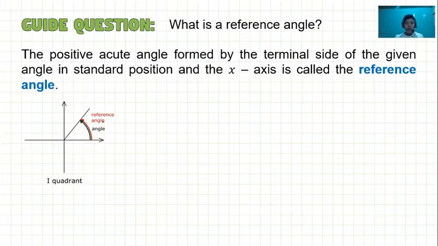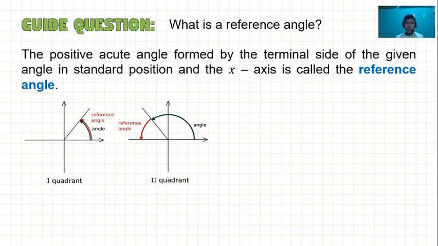Okay, now for quadrant 2, if your angle is located at quadrant 2, so we have this angle. The angle formed by the terminal side, so this is your terminal side, and the x-axis is the reference angle, and it should be a positive acute angle. So this is now your reference angle. You cannot have this angle as your reference angle because it is not an acute angle.